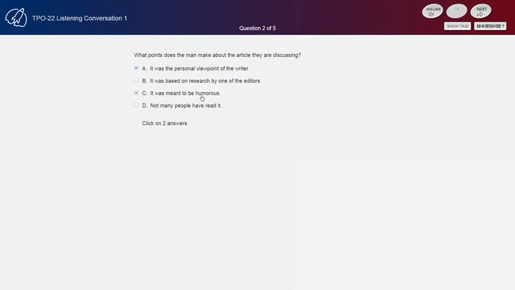So it was meant to be humorous. I also wrote it down here that it was satirical. It means it was humorous. So not directly it's stating, but still it's the same thing. If you know the meaning of satirical, or even if you don't know, but if you are able to understand it while you listen, then you're going to know that it means it's humorous. So our answer here is C.